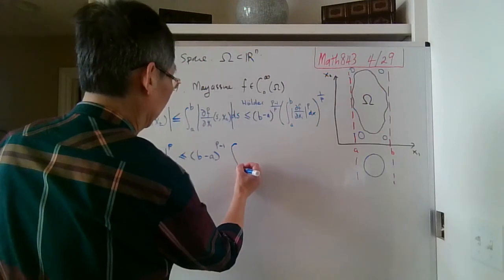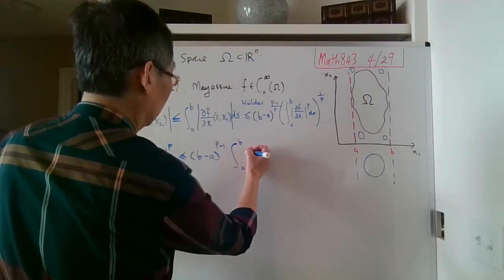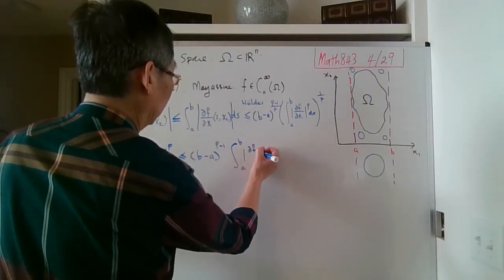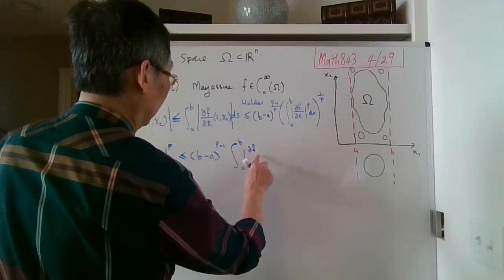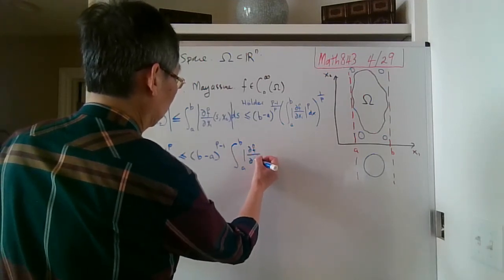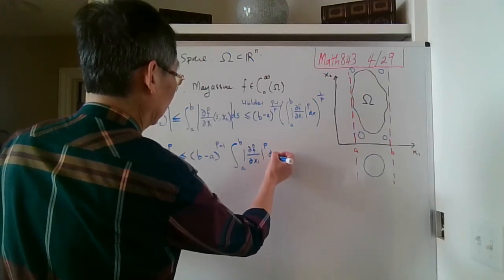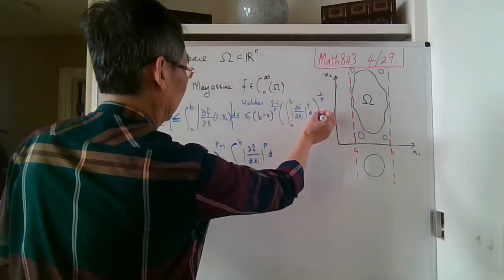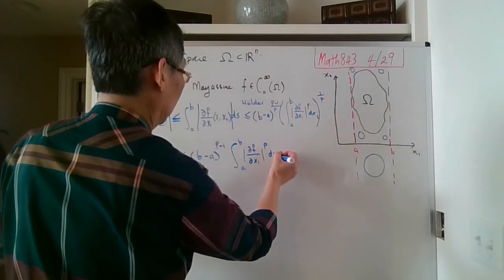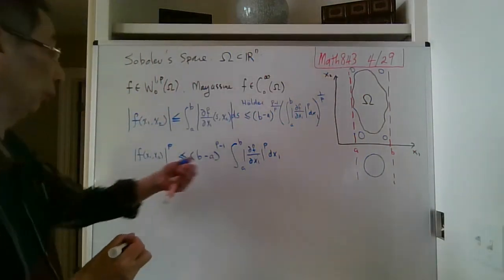So you have this integration from a to b of ∂f/∂x1 to the p-th power dx1. Okay, so this is what we have right now.